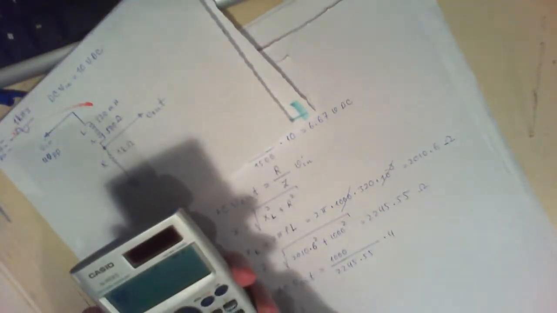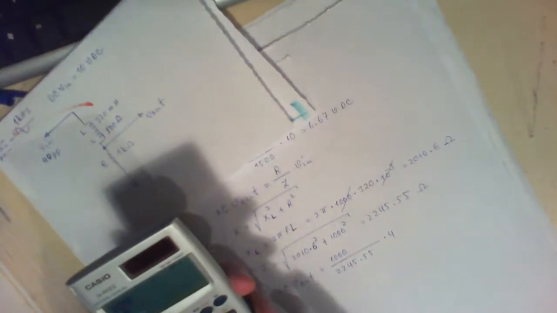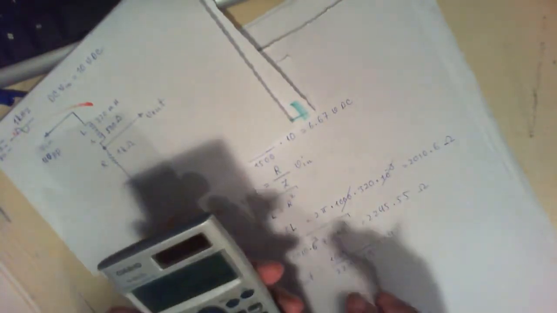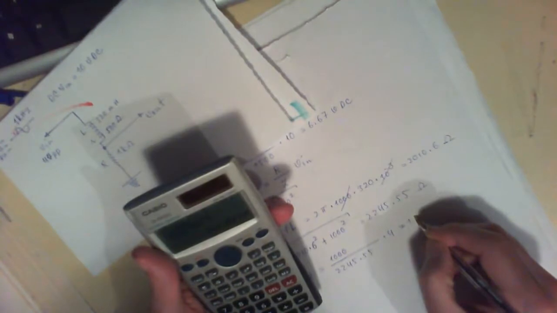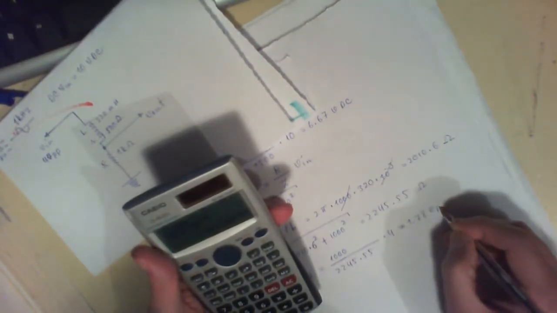So that is equal to 1000 over 2245.55 times 4 volts peak to peak, it gives me 1.78 volts peak to peak. Okay, so that's your AC output.